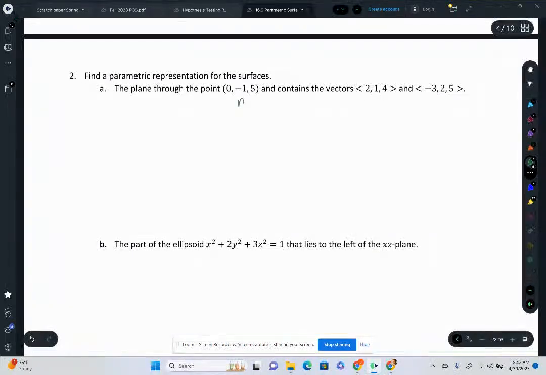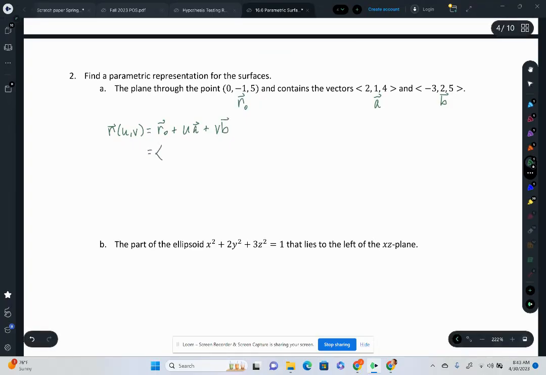That's going to be our r naught, and contains the vectors 2, 1, 4 and -3, 2, 5. These are going to be our a and b vectors that are on the plane. So what we have to remember is that the plane is r of u,v equals r naught plus ua plus vb. And then we just plug everything in.